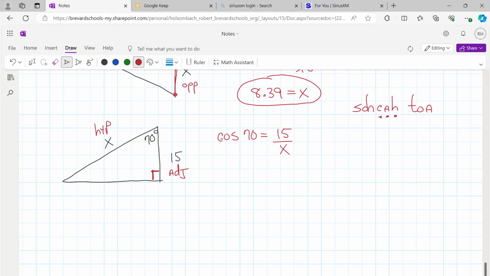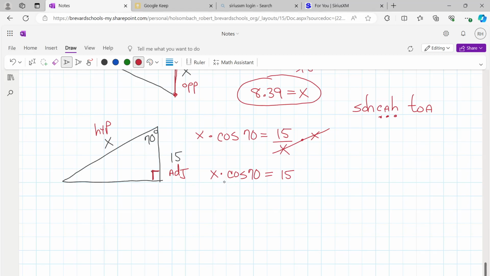All right, now you've got an extra step involved when this x is in the denominator. When the x is in the denominator, the first thing we do is we multiply both sides by x. On the left-hand side, we get x times cosine 70 equals. On the right-hand side, these two x's cancel out, and the 15 falls down.